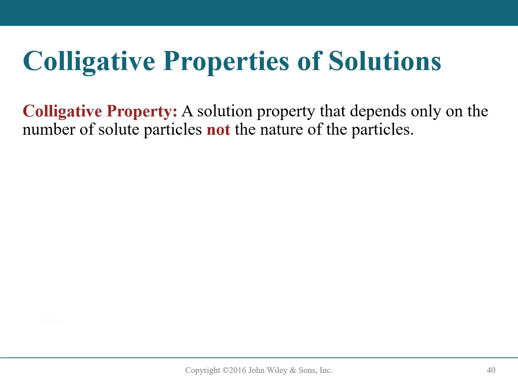All right, let's talk about some properties that are unique to solutions, colligative properties. Colligative properties only depend on the number of particles, not the nature. So if I had 1 molar sodium chloride, when it's dissolved in solution, I have sodium and chloride, so I have 2 molar of particles.